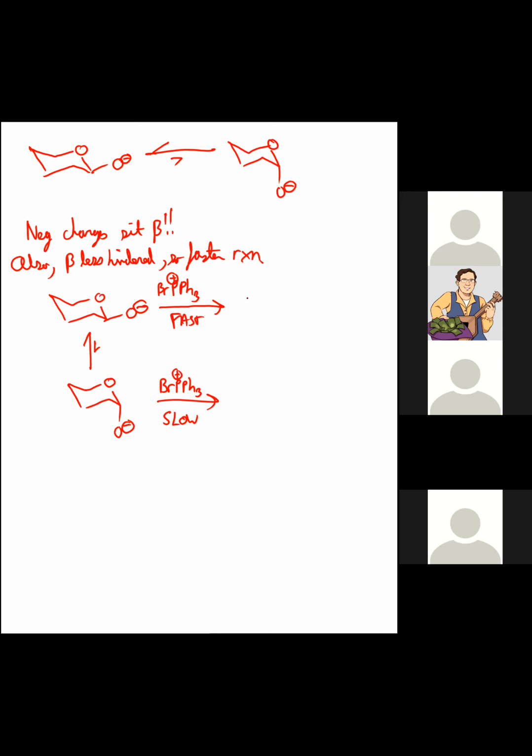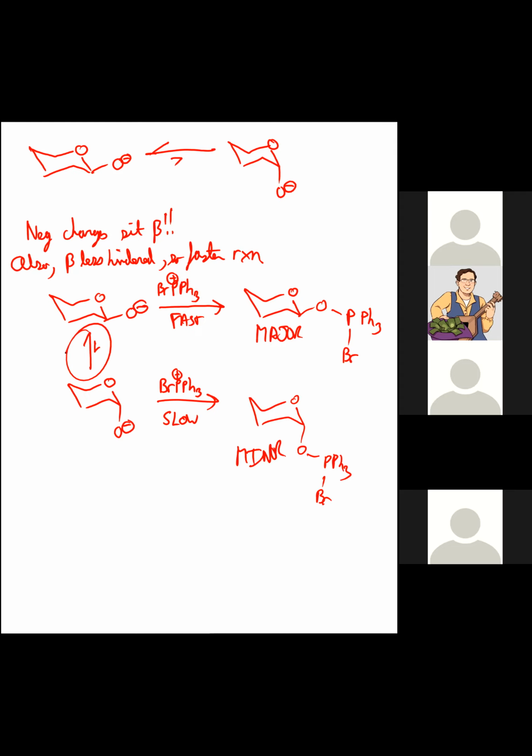But we have this system where everything is funneling our material towards this top product. Right? Because we have both this equilibrium and these rates favoring this guy up here.